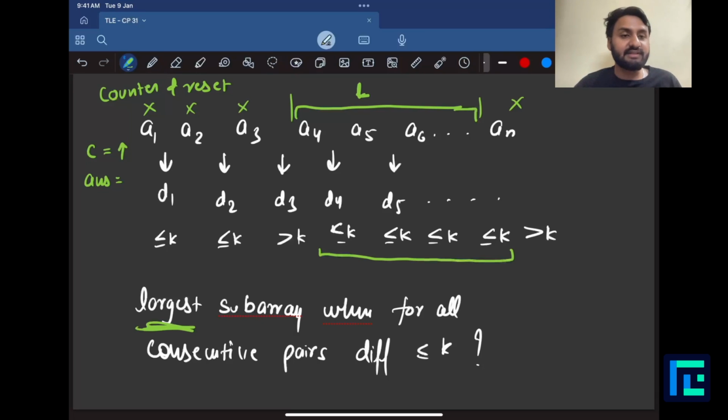Out of those, I will always keep my answer variable maximized with respect to the counter variable C. That makes sure that when I come out of my final loop, the answer variable stores the largest length of the subsegment for which consecutive pairs of elements had a difference less than or equal to k. So this is the whole technique that I want to follow in this problem.